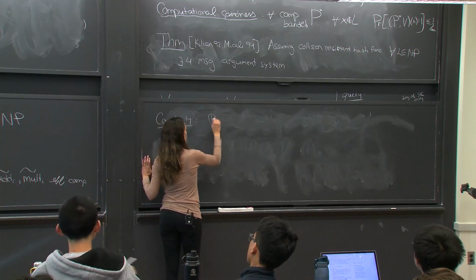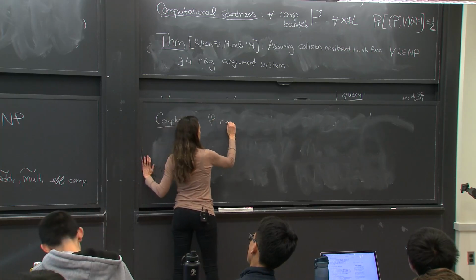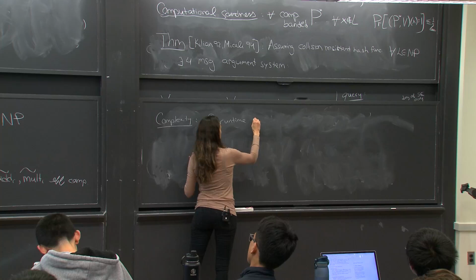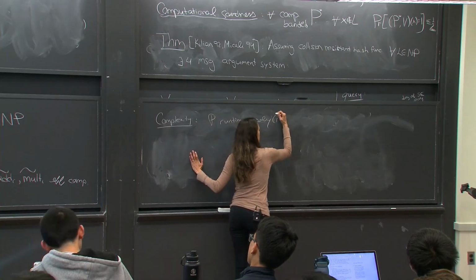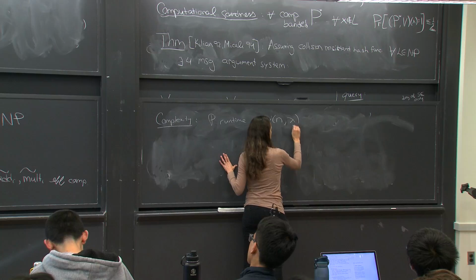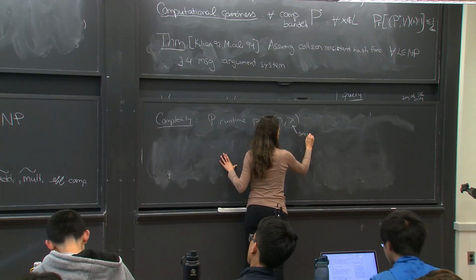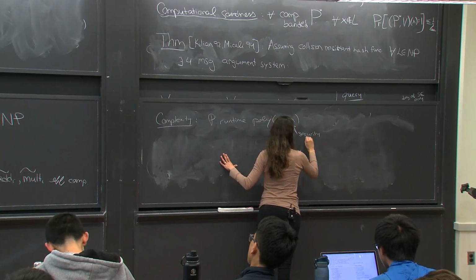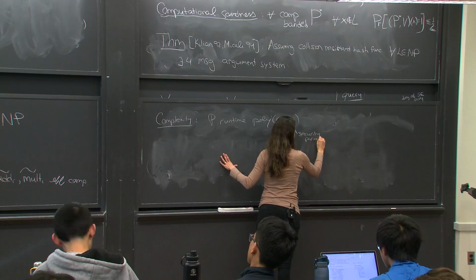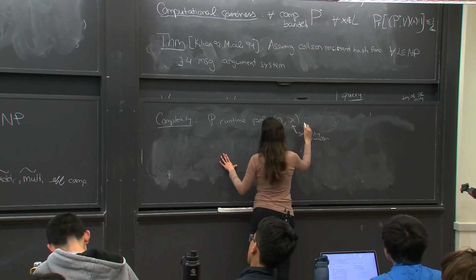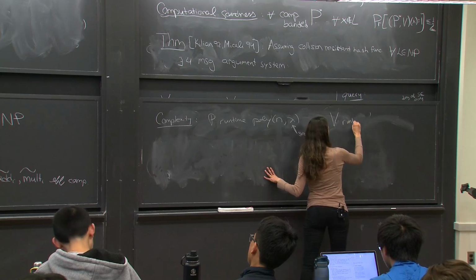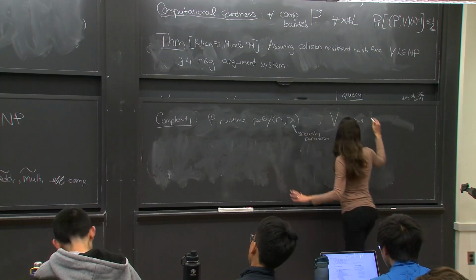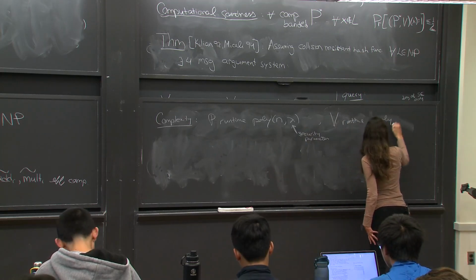The prover runtime will be poly in n, the instance length, and lambda, the security parameter. And the verifier runtime is going to be only poly in the security parameter.